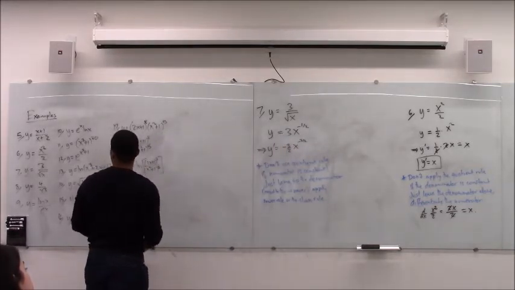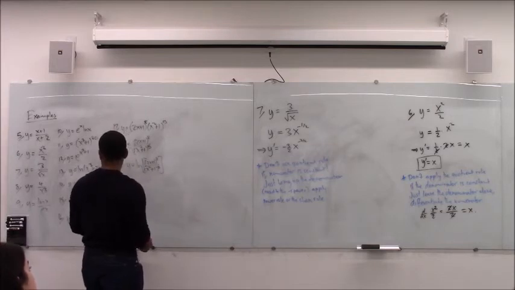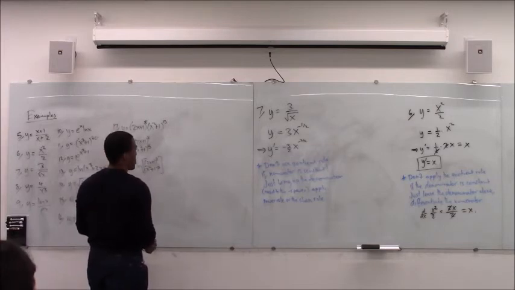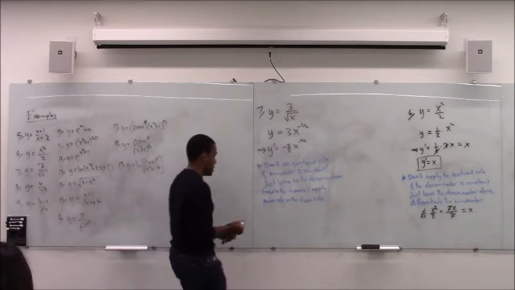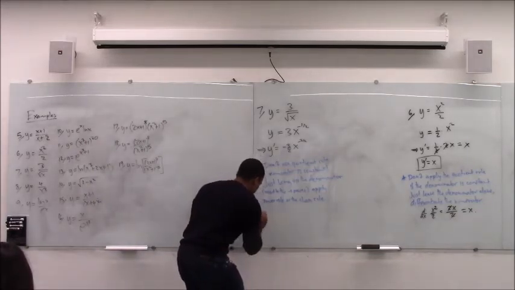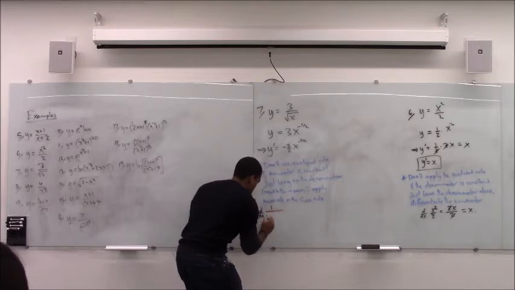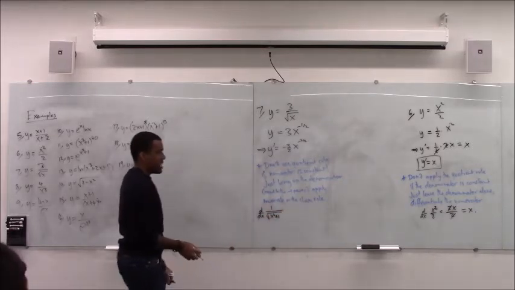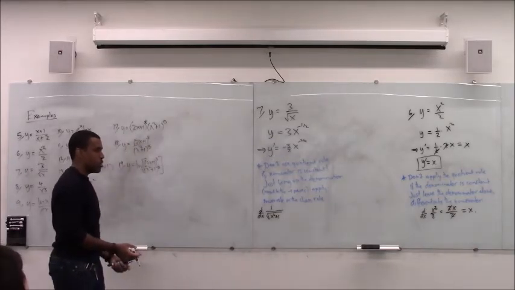A situation where you'd have to apply the chain rule, I don't think I did it here, but for example, if you had something like differentiate 1 over the square root of x squared plus 1. Now, yes, it's a division, but the numerator is a constant.